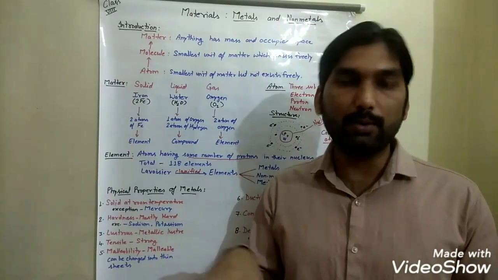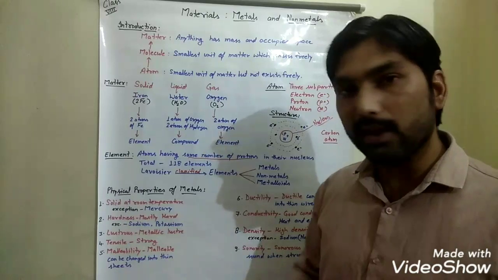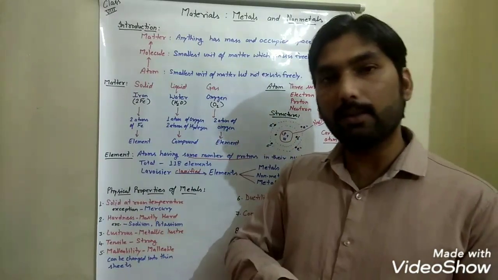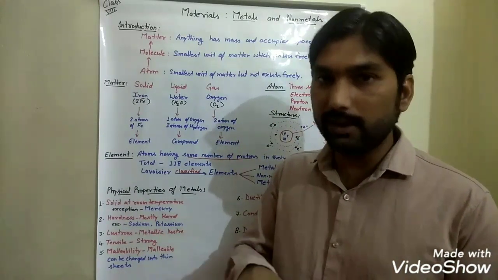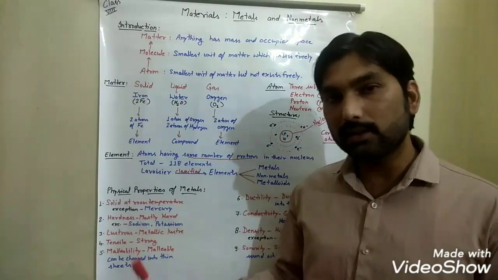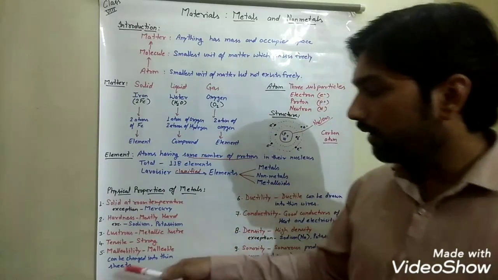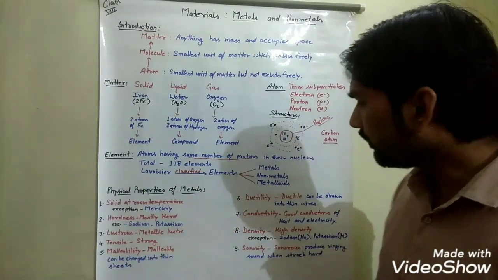They do not easily break because they have tensile property. They become flat and are converted into thin sheets. So this property is known as malleability, in which metals can be converted into thin sheets by hammering them.